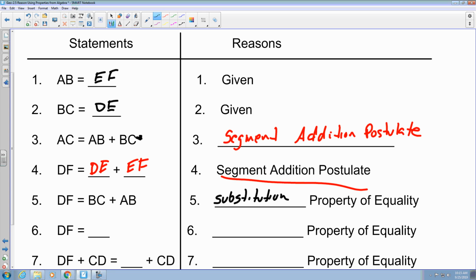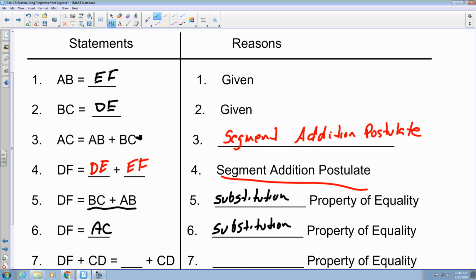If they both equal each other, we can replace them and utilize that information. And since DE is equal to BC plus AB, that also means that DF is equal to AC. And again, all you're doing is just substituting equal parts to get the same equal value.